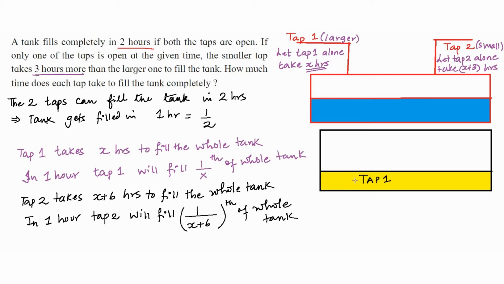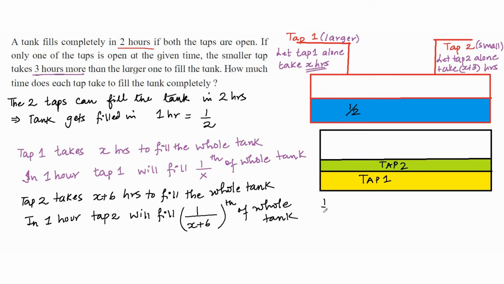And similarly 1 by x plus 6, that is this particular region, is getting filled by tap 2. So I can shade this particular region. This is getting filled by tap 2, right? And therefore I can say that the region filled by tap 1 and tap 2 together is going to make the half of this particular tank.